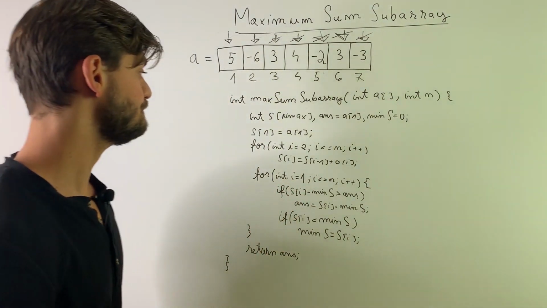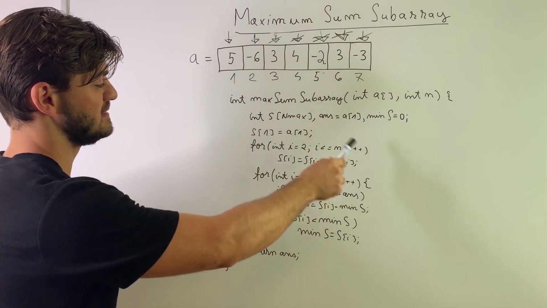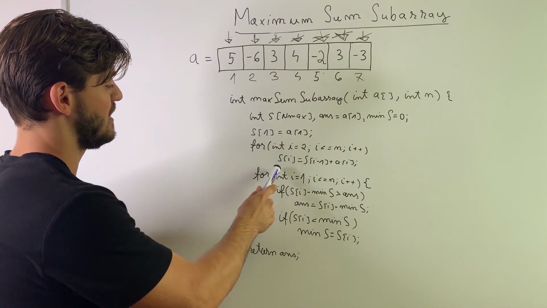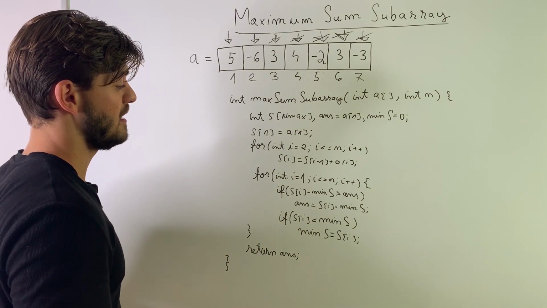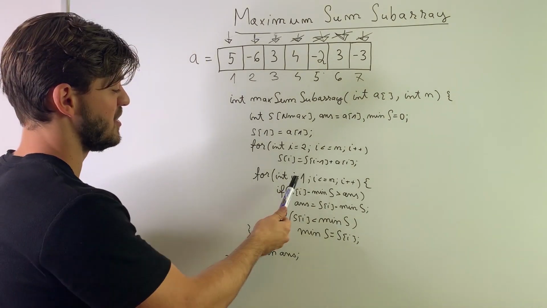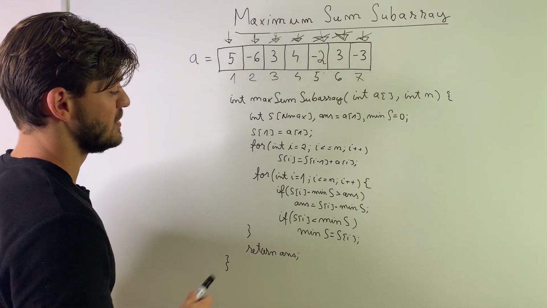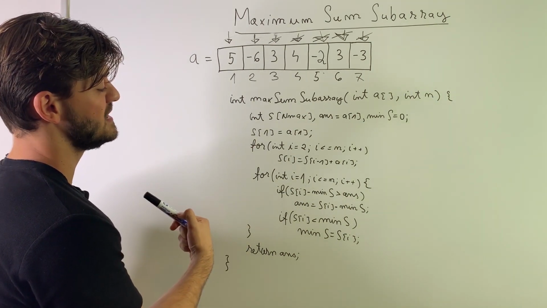So I have here s1 equals a1, and then building the partial sums, si is going to be equal to s(i minus 1) plus ai, and then I'm going to fix my right pointer with a variable i, let's say, and for each right pointer, which is i, I'm just going to update the answer first.